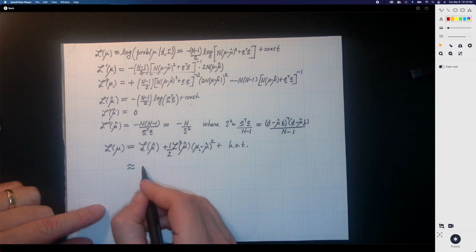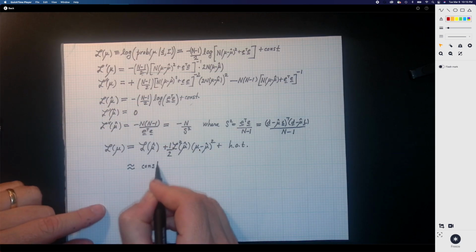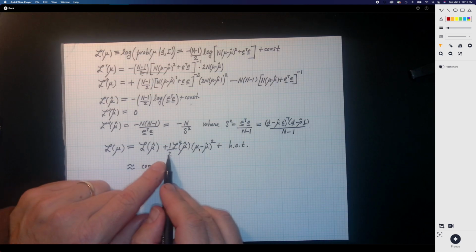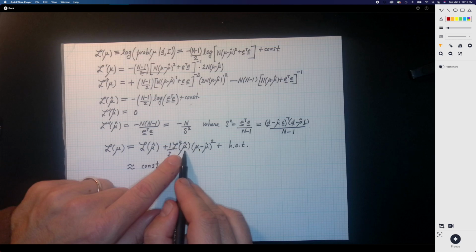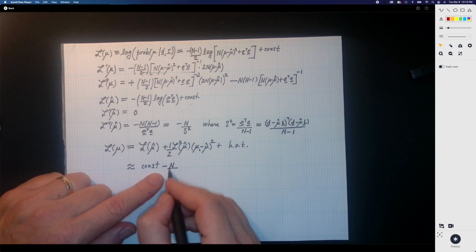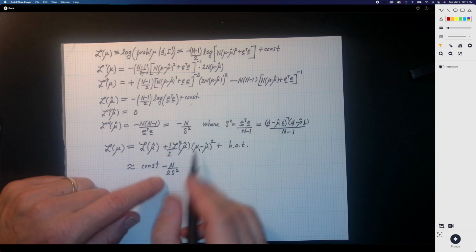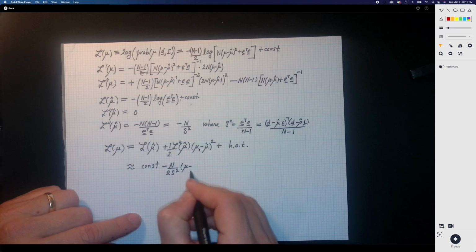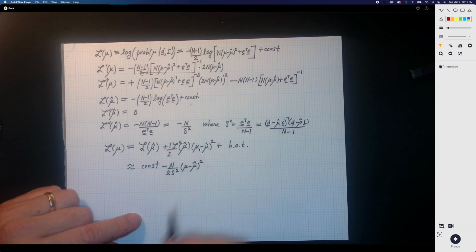And so I'll just write the constant plus, and now here I'm going to evaluate. So L double prime of mu hat is minus n over s squared. The 2 comes from the half in the Taylor series. Now I have L double prime and mu minus mu hat squared.